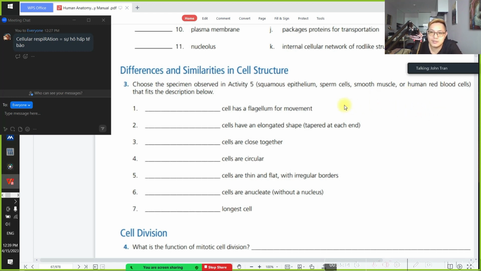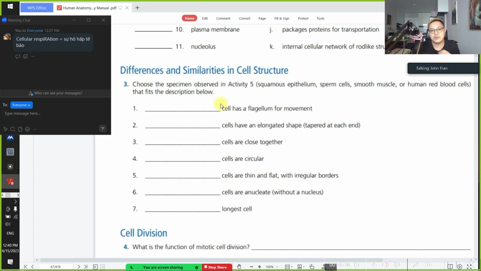Of course you have to, because this is like physiology, anatomy, something. Squamous epithelium, biểu bì mà nó giống kiểu mà vảy cá. Sperm cells, tế bào tinh trùng. Smooth muscle, cơ trơn láng. Human red blood cell, tế bào hồng cầu con người.